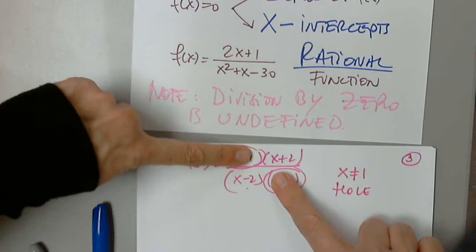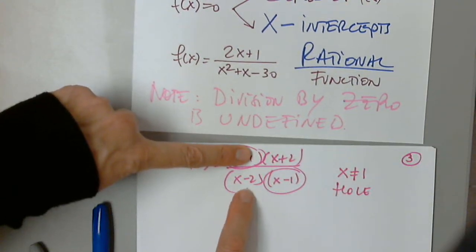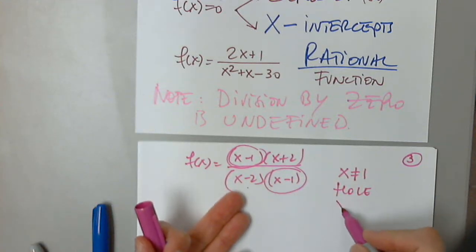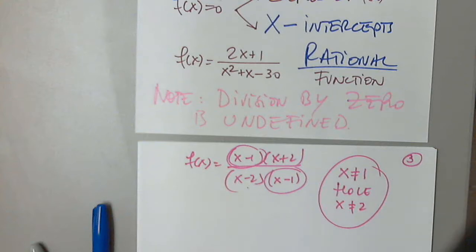Once this goes away, it will remain with a vertical asymptote at 2. But that's not the issue. The issue is that this function will not exist for x equals 1 or for x equals 2, even if we remove that factor. Because restrictions have to be stated before we simplify. So it doesn't make any difference if it disappears or not. The restrictions are stated on the raw function.